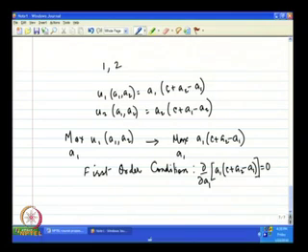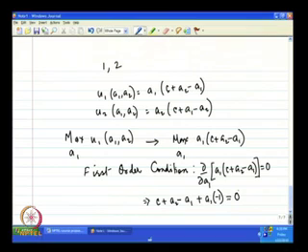This is the first order condition. Now, let us see what I get out of this condition. It will be C plus A2 minus A1 plus A1 multiplied by minus 1 is equal to 0.